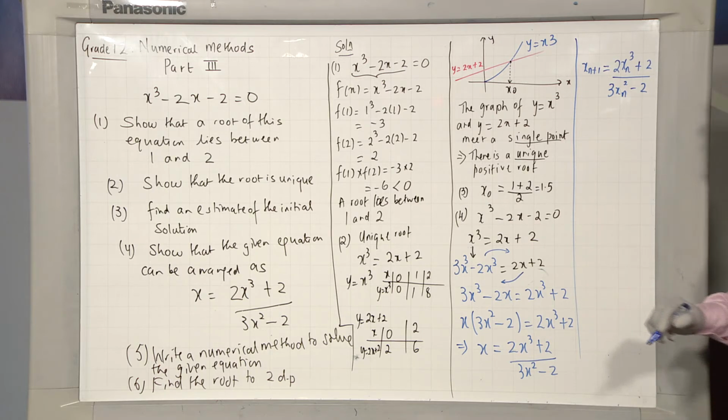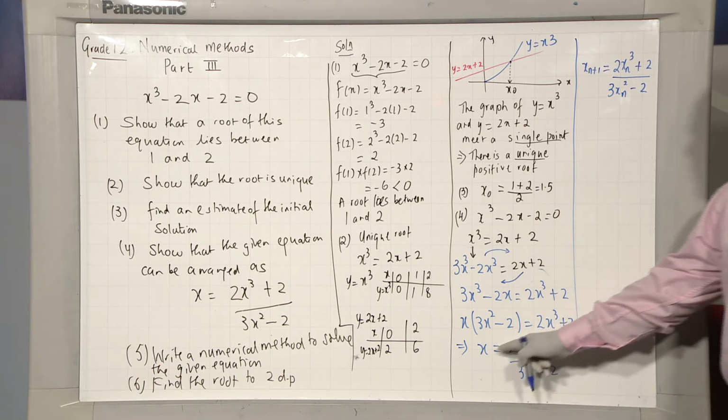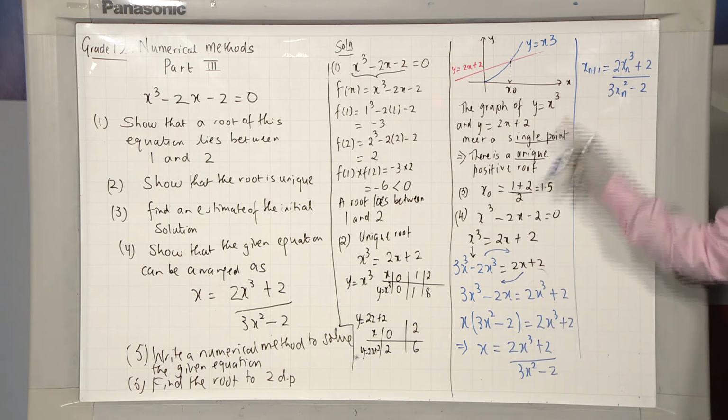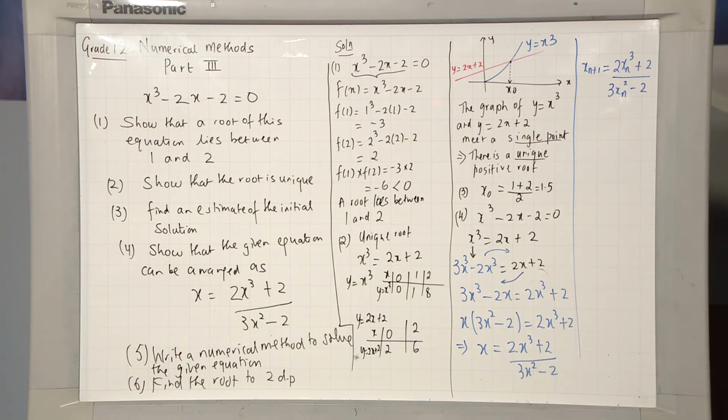This is how we obtain our numerical method. I repeat it. I added the index n plus 1 to the left-hand side and the index n to the right-hand side. And now we are going to use it to find the solution.